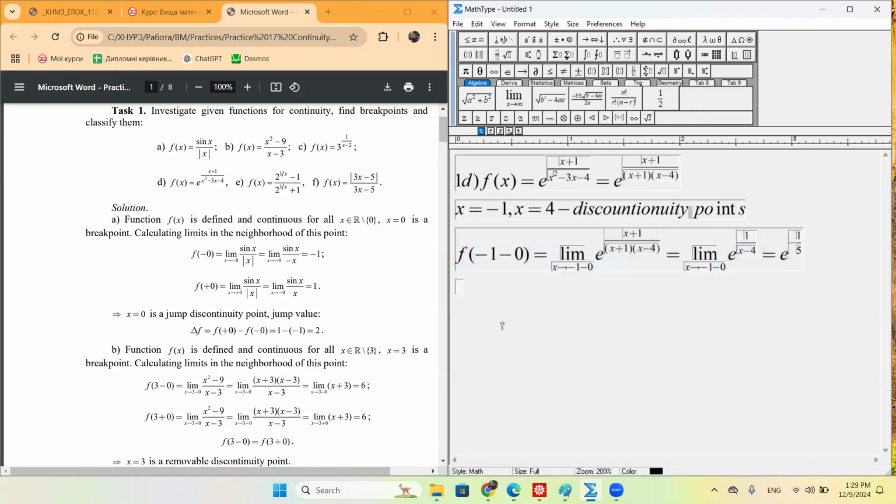And what about the right? Let's see. Again, it's basically the same here.